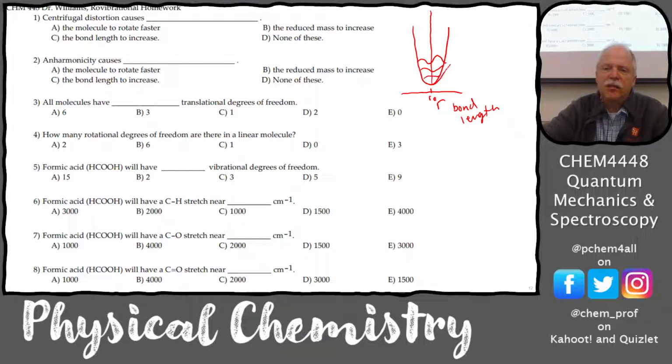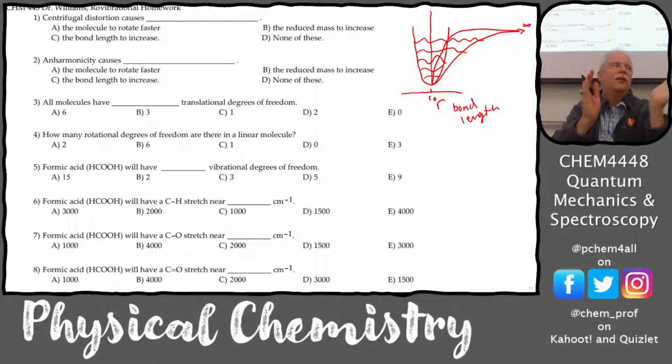Anharmonicity is when this breaks the harmonic oscillator. And so now these wave functions are stretched out over this longer distance, and the bond length goes like this. Eventually it goes out to infinity, which is the dissociation of the bond. So when we have an anharmonic potential, what's it doing to the bond length? It's making it increase. Yeah, it's allowing the atoms to spend more time further away from each other. So that would be C.